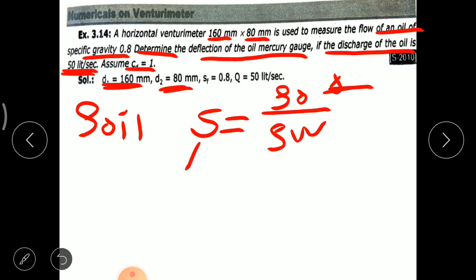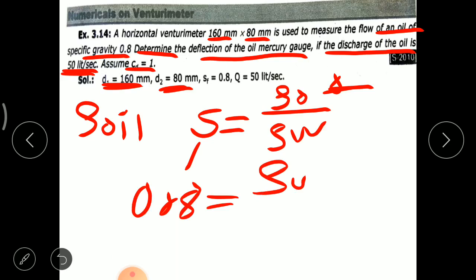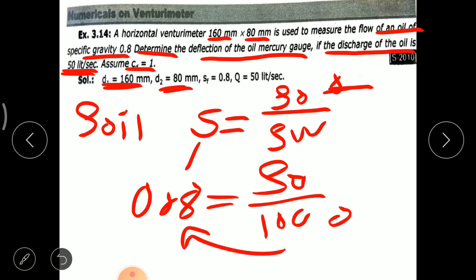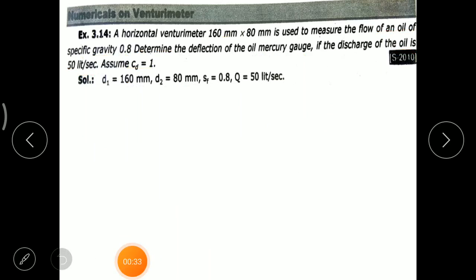Now S is equal to 0.8, rho of oil is unknown, and rho of pure water is 1000. By cross multiplying these two quantities we get rho of oil, and it becomes 800 kg per meter cubed. You have to calculate this by using a calculator.